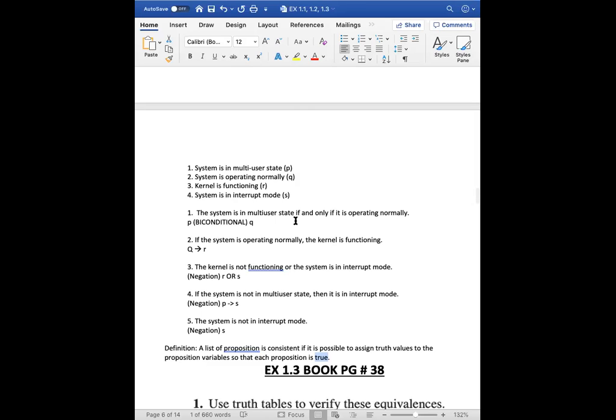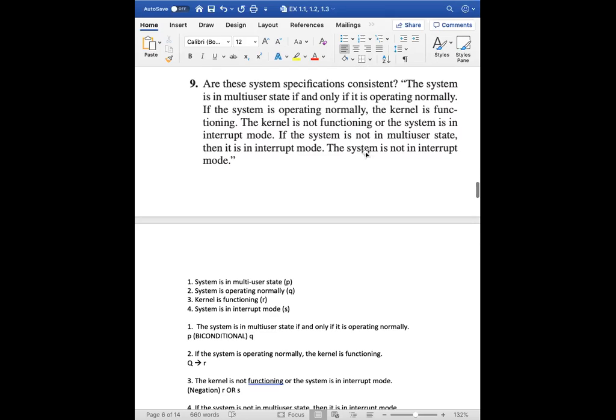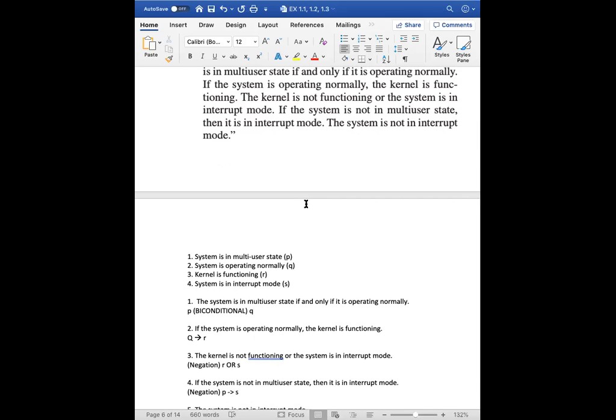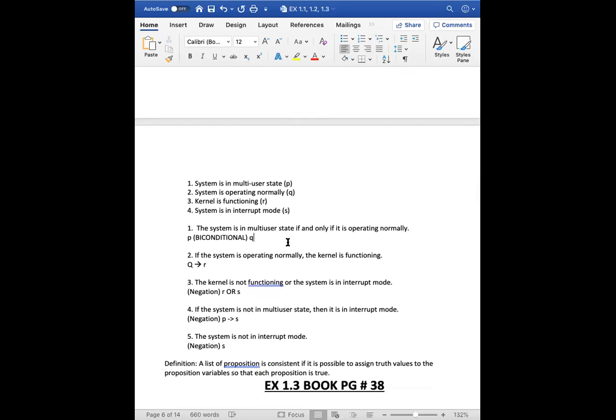For the first one, we have the system is in multi-user state if and only if it is operating normally. We know the system is in multi-user state, but there are certain unknowns to it.